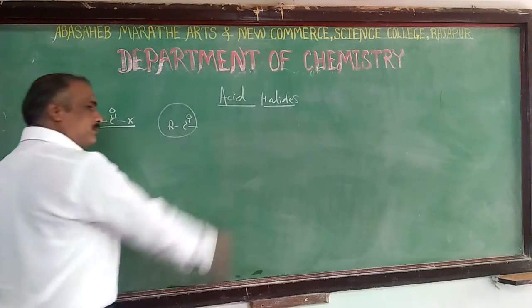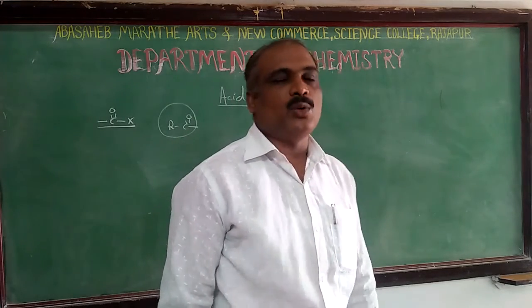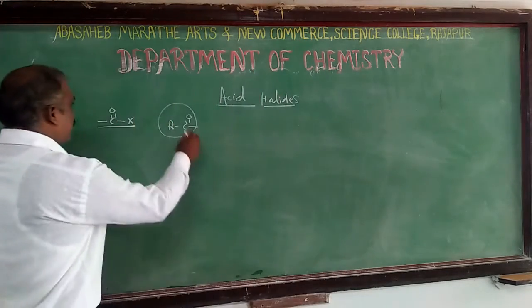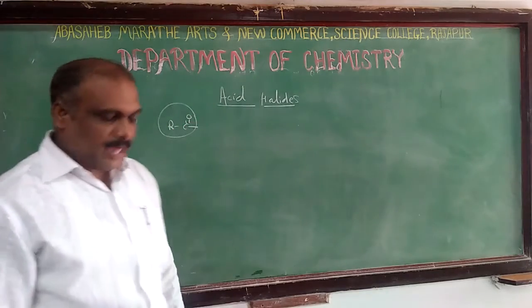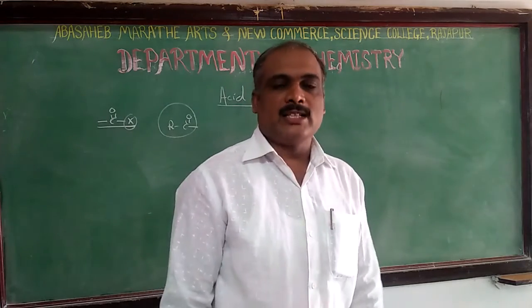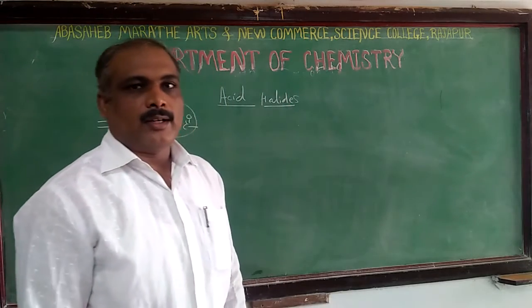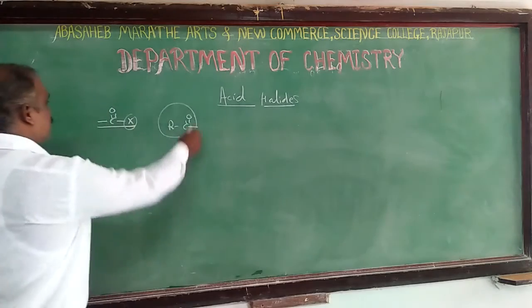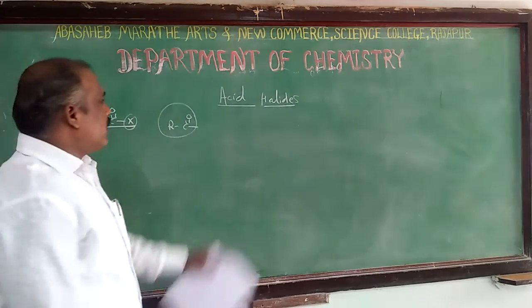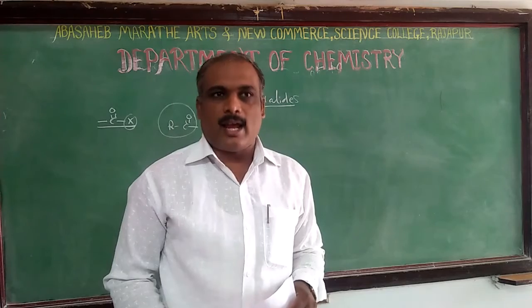And this group is called the acyl group, and this X means halides, like various halogens: chlorine, bromine, iodine. Such halogens attached to this acyl group are named as acyl halides.